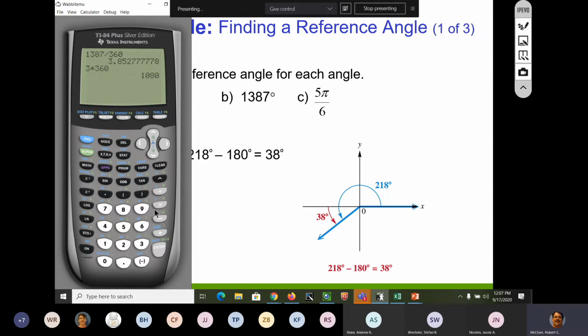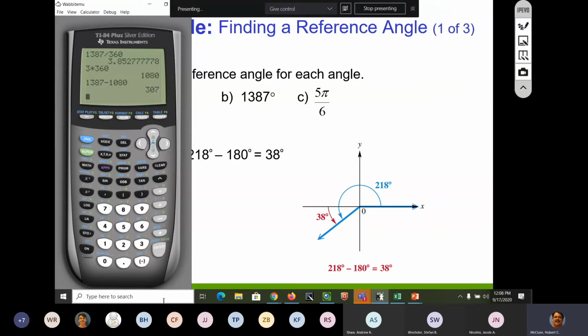I'm going to subtract 1080 from 1387, and that is my degrees: 307 degrees. That's 270 plus a little bit more.